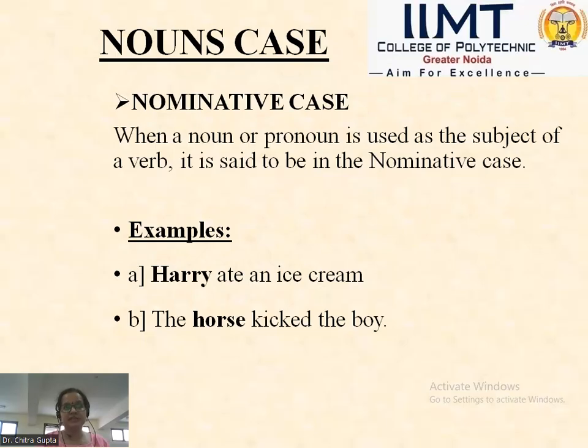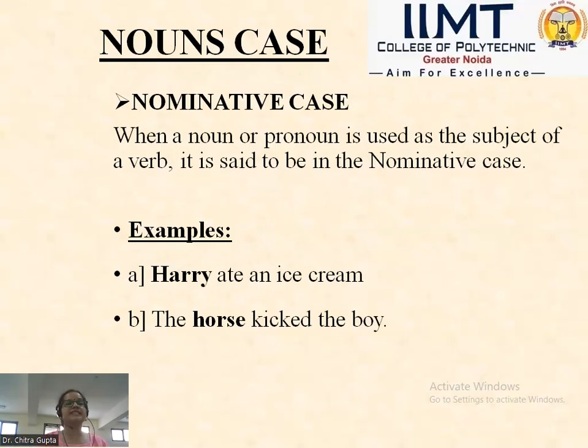Noun, here we can say, is the naming of animals, men, species, objects, figures, etc. Pronoun: the words which are used in place of nouns are known as pronouns. And these nouns and pronouns are used as the subject of a verb. The subject always comes at the first place in a sentence.